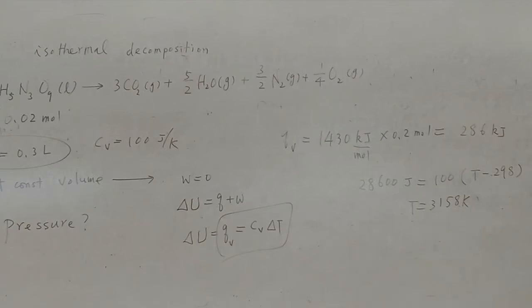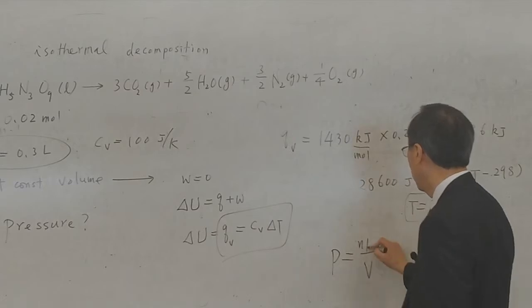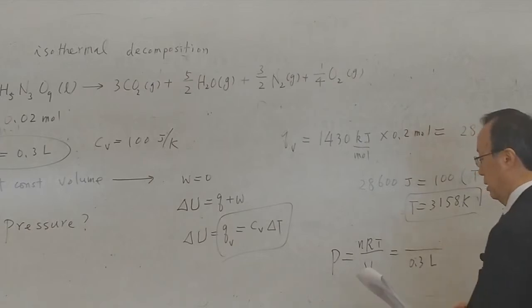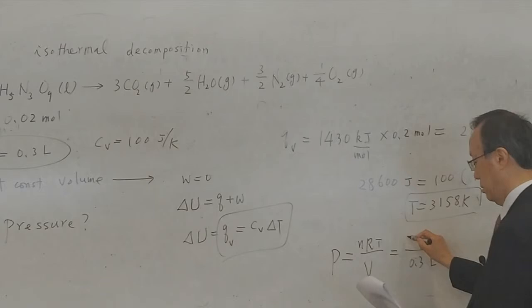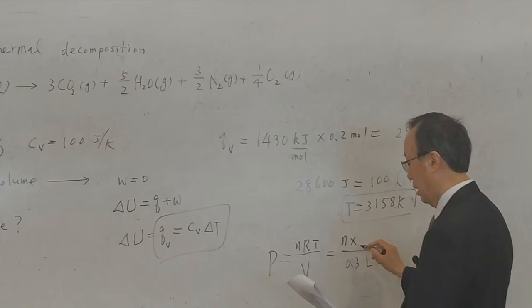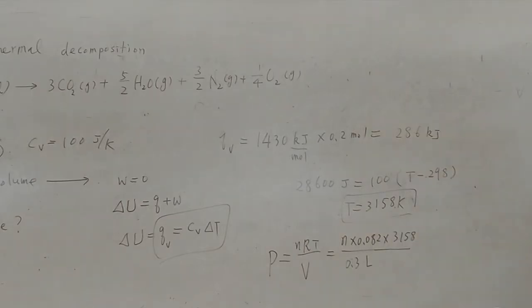So when the nitroglycerin is exploded, T becomes 3158 K. So you can easily calculate P equals nRT over V. V equals 0.3 liters, R equals 0.082, T equals 3158. What is the n?